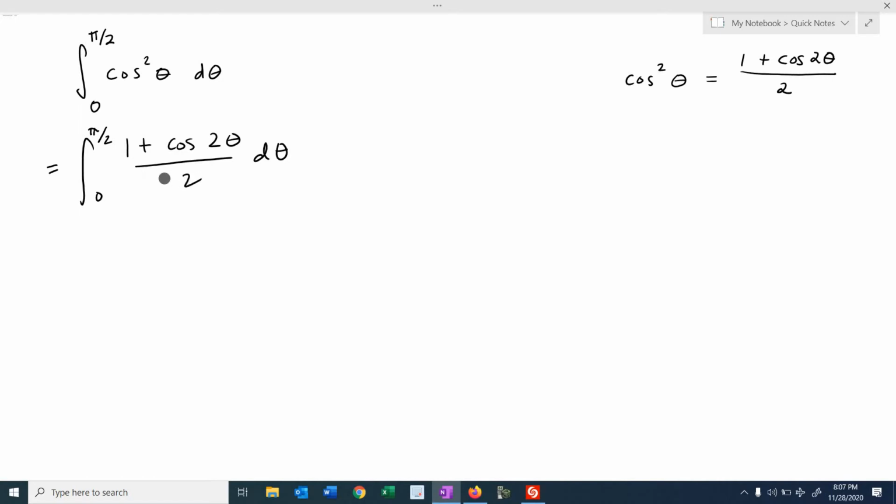This denominator of 2 you can write as two fractions with a denominator of 2 in each of them. If these have a common denominator, you could write it as one denominator of 2, or you could break it up into two denominators of 2. Okay, so then we can break this up across addition, so we have two definite integrals now.